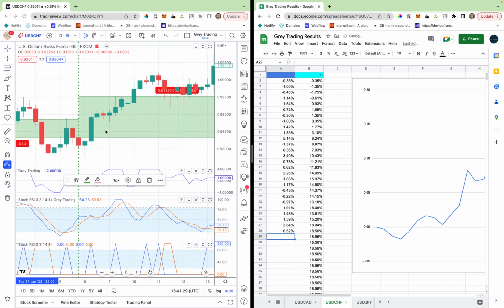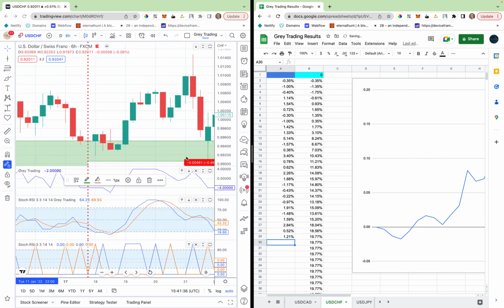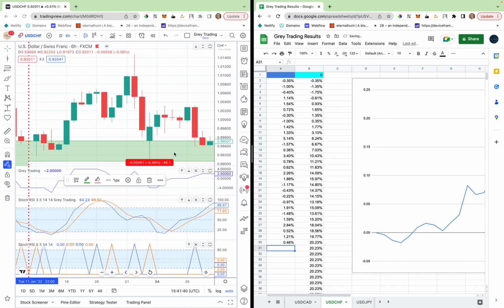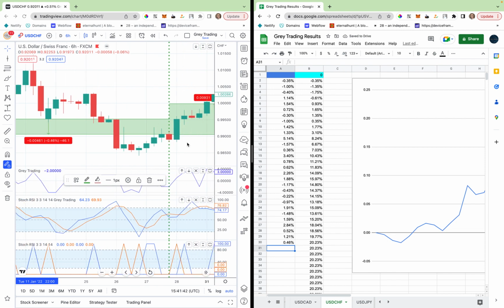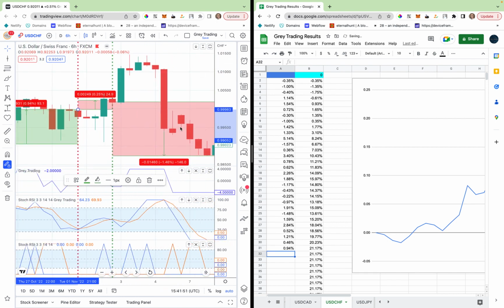Okay, so we've almost hit the 25% target. Whether we'll go too much beyond that, it's a good year. 25% is around 2,500 pips on this, which is easy to do.